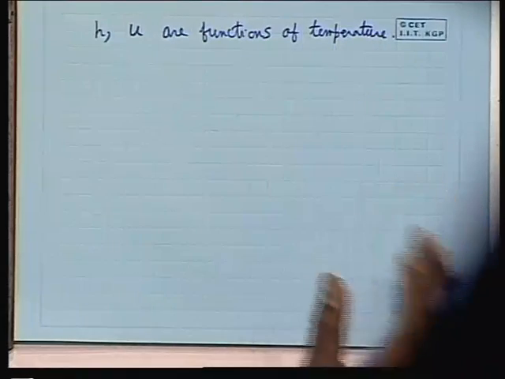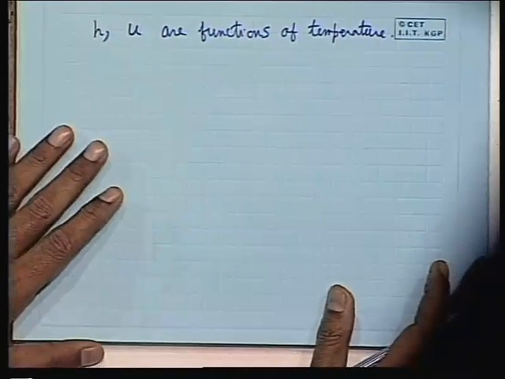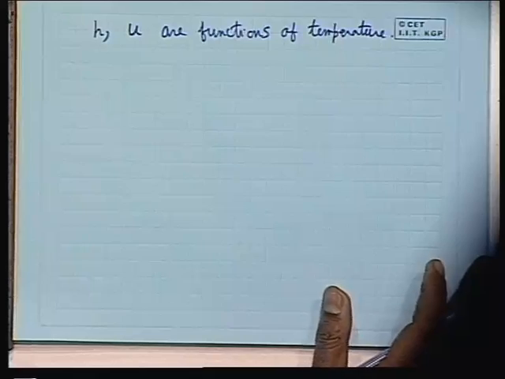When the reaction part is not coming into the picture, it is always better to work with the specific values rather than the molar values. But the molar properties come into the picture when reactions are occurring, that is, when thermodynamics of reactive systems comes into the picture, because you will see the significance of dealing with moles in case of reactions and the significance of dealing with mass, the specific properties, when reaction is not there.